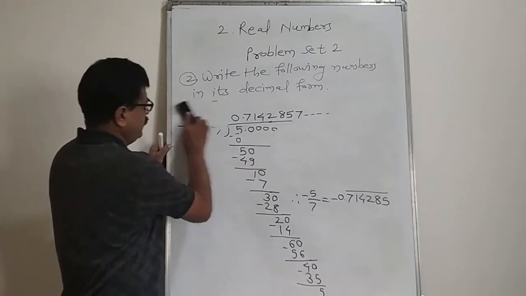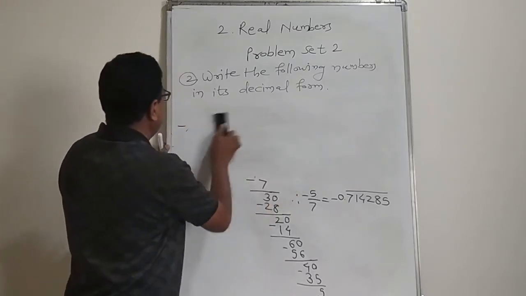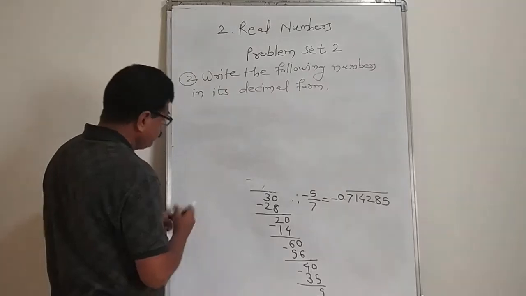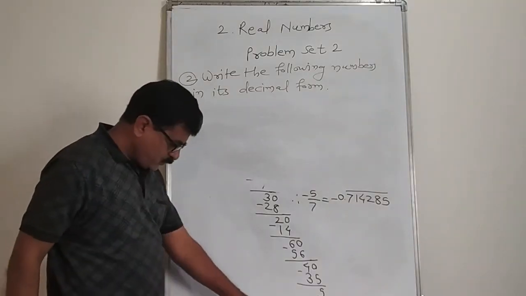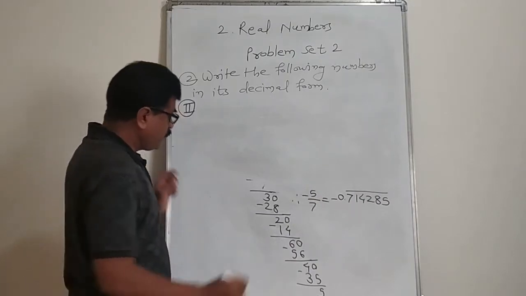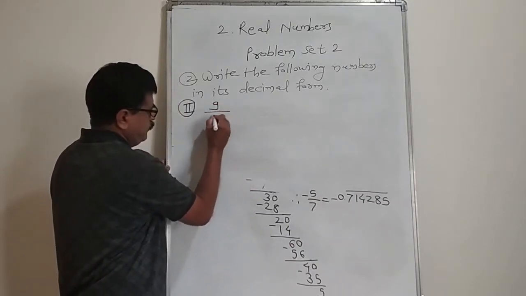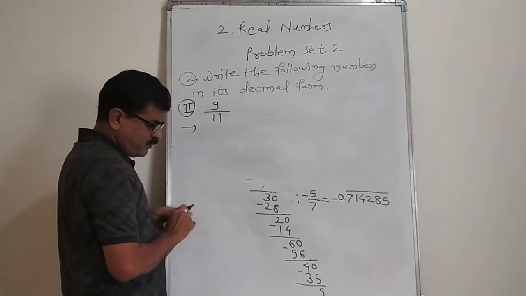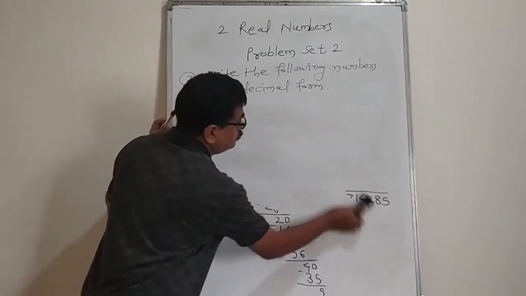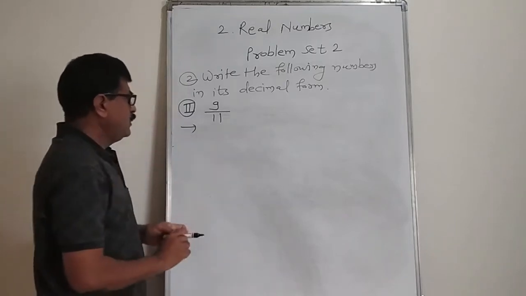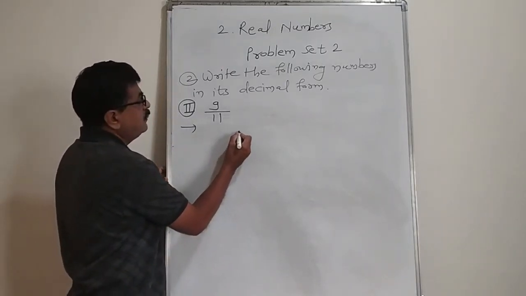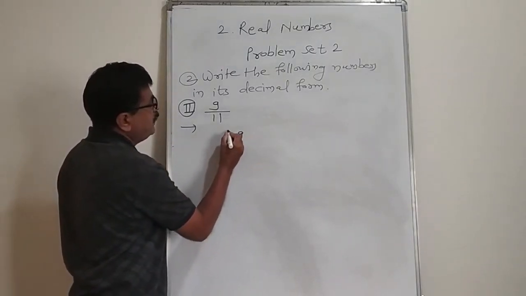Number 2. 9 upon 11. Now divide 9 by 11.